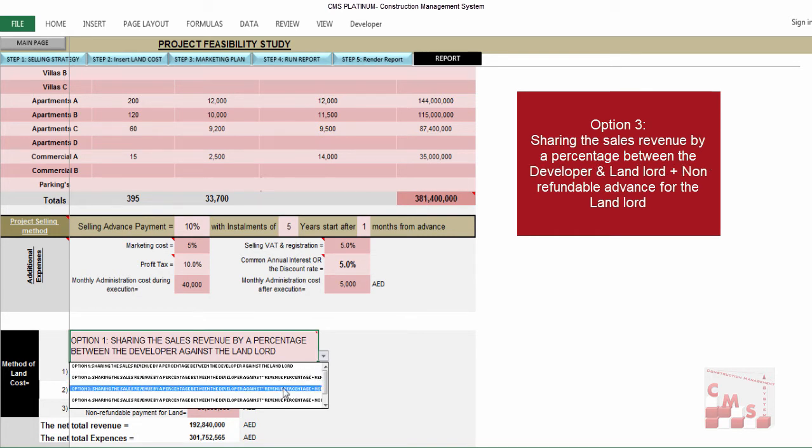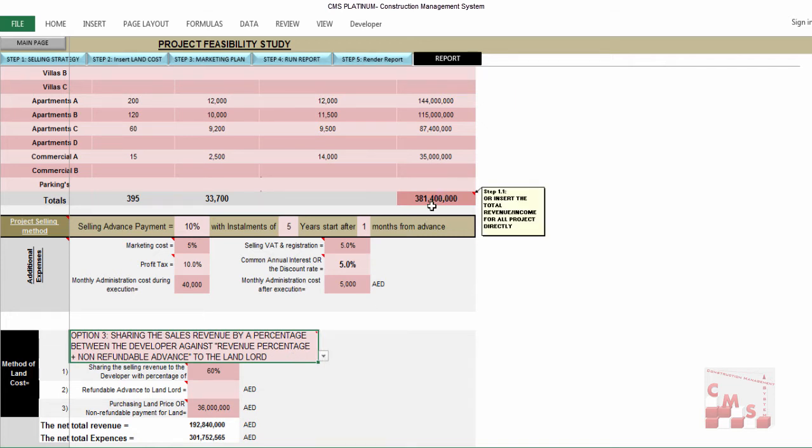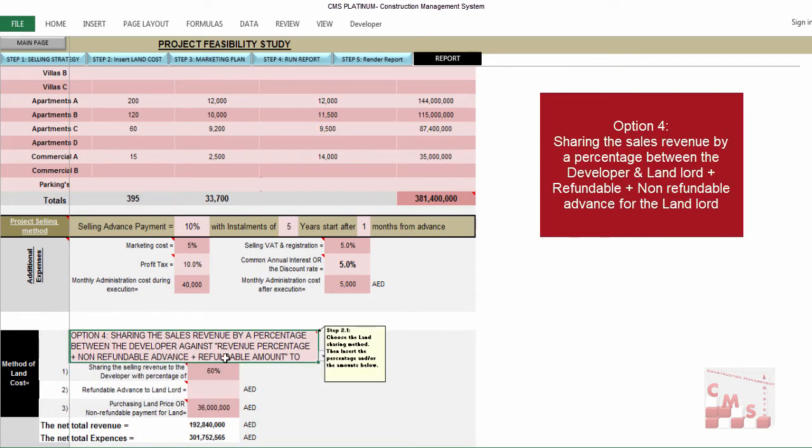The third option, sharing the sales revenue by percentage between the developer and the landlord, with a non-refundable advance to the landlord. In this case, the landlord will ask you for an advance that is not to be deducted from his revenue after selling the units. Option 4, the developer gets a revenue percentage, with a non-refundable advance and a refundable amount to the landlord.